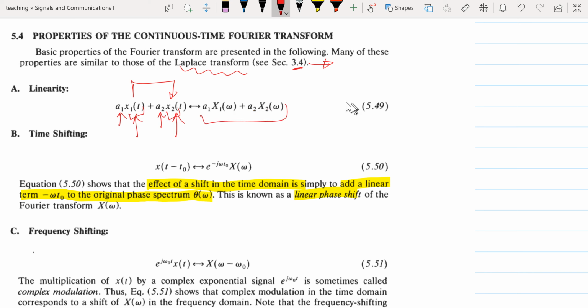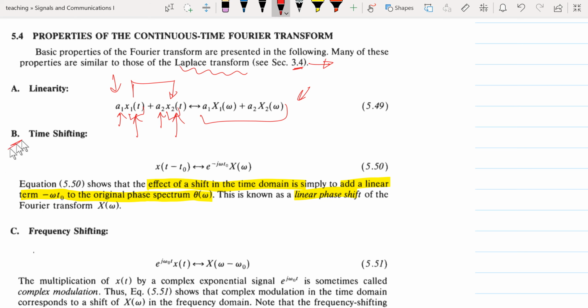So if you are to do a Fourier transform of the addition of two signals, the linearity property would definitely tell you that the result is the individual Fourier transforms multiplied by the constants that you applied to the individual time domain signals x of t.